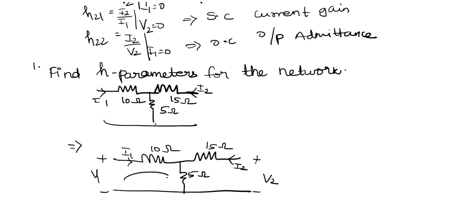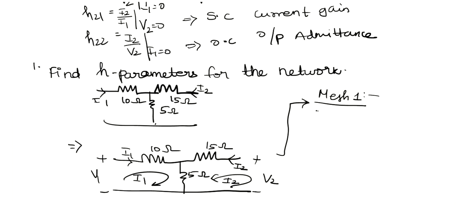Now I1 flows in one direction, and I2 flows in the anti-clockwise direction. Okay, now start. You are having two loops, so mesh 1.